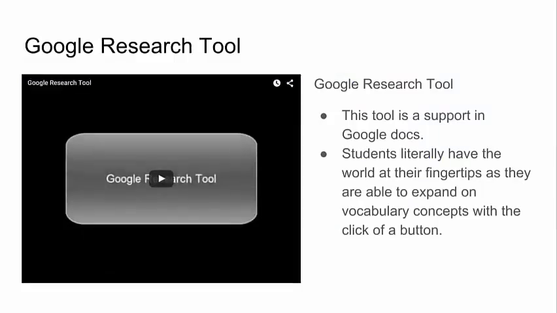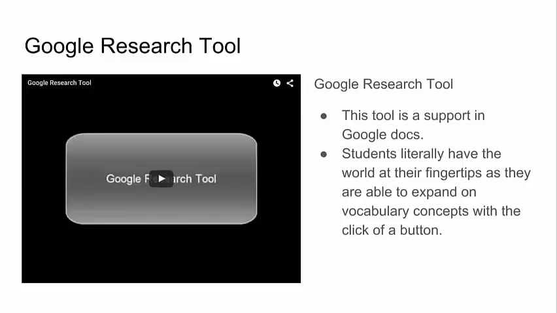The next one we're going to take a look at is the Google Research Tool. This is built into Google Docs. You get to it by right-clicking and selecting Research Tool from the context menu. Literally, a student highlights a word, right-clicks on it, and selects Research Tool, and all of the information on the web is then available in a sidebar where students can look at images, they can look at video, they can look at more websites based on a particular vocabulary item.